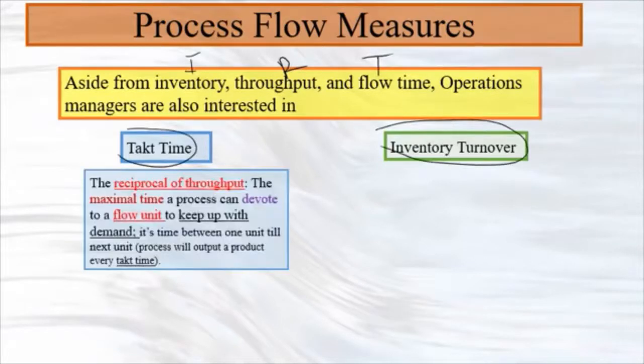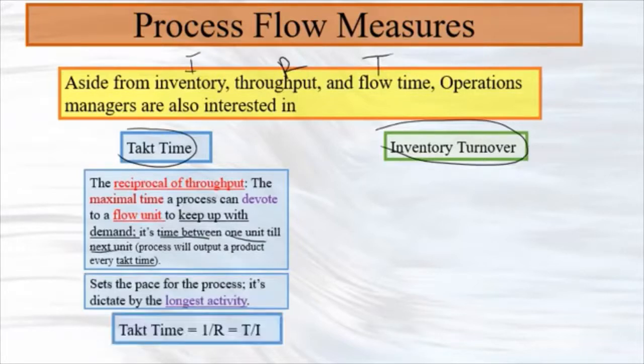Basically, takt time is really the time between one unit and the next unit in production. Think of it, if you're standing outside of a production line and you're timing the time between one product and the consecutive next product, that time is really takt time.